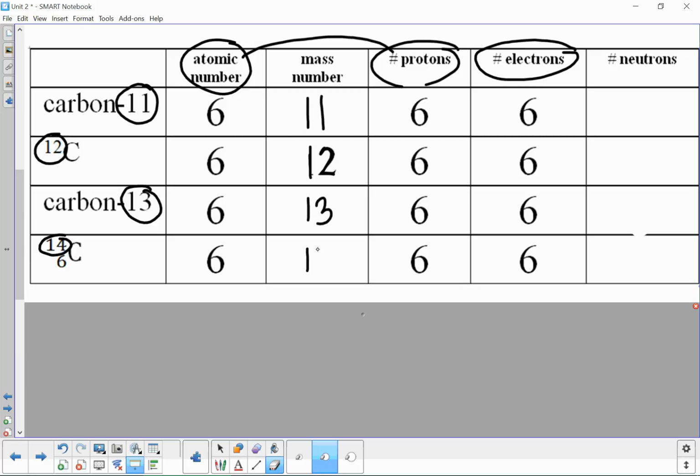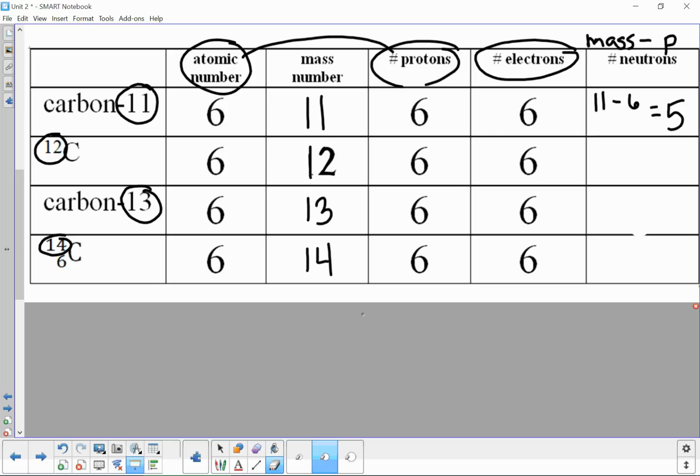That's your mass number. Now you'll remember to find neutrons, we have to do the mass minus the number of protons. So in my first example for carbon 11, I have 11 as my mass, minus the 6 protons, and so in this example there are only 5 neutrons.